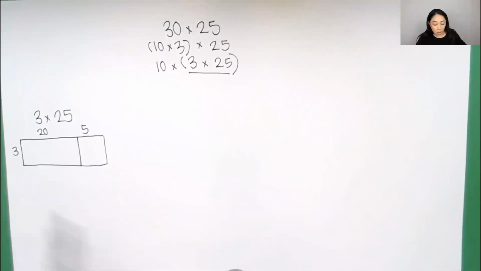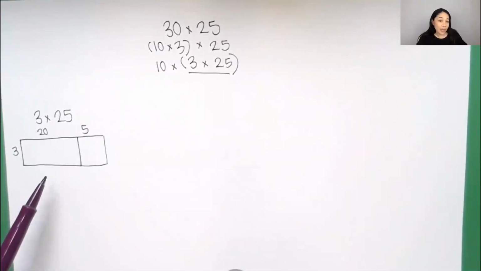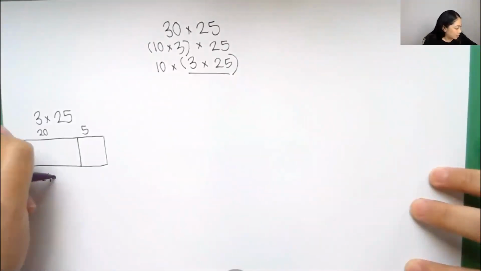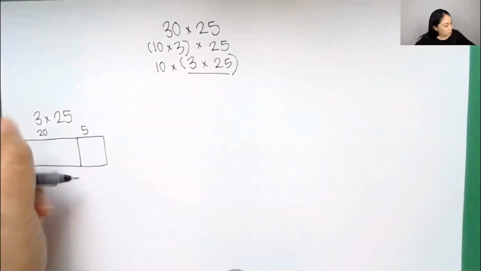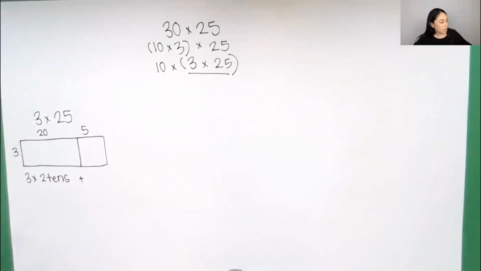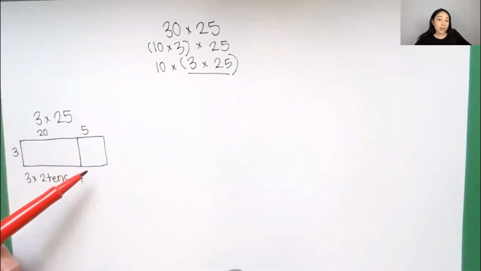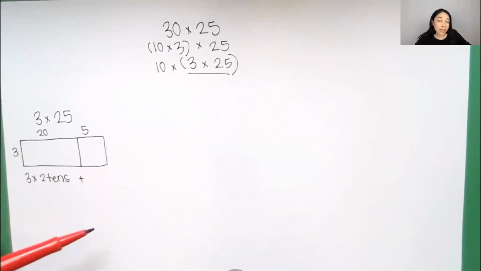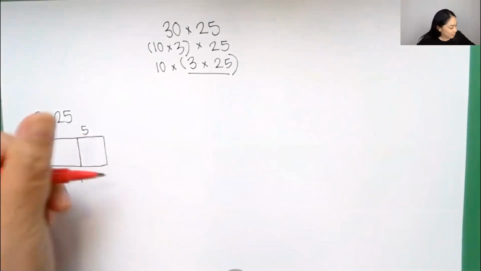The expression to solve this rectangle here is 3 times 2 tens. And the expression to solve this rectangle in unit form is 3 times 5 ones.